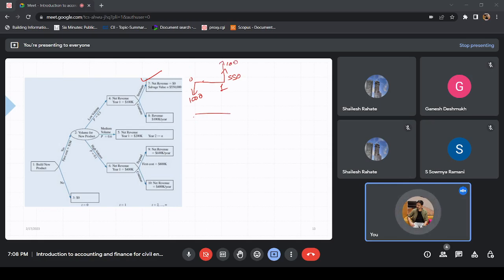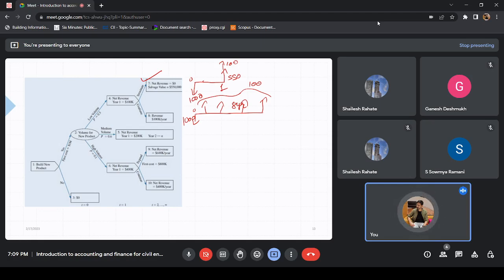In another case, you are spending 1000 initially, and for the next 8 years you are getting 100,000, right? So can you calculate the NPV in both these cases? Guys, do you understand this cash flow? Have I made any mistake, or are we moving in the right direction?